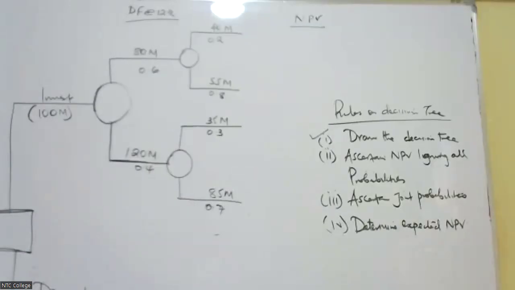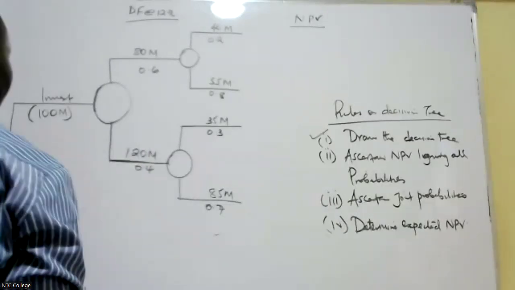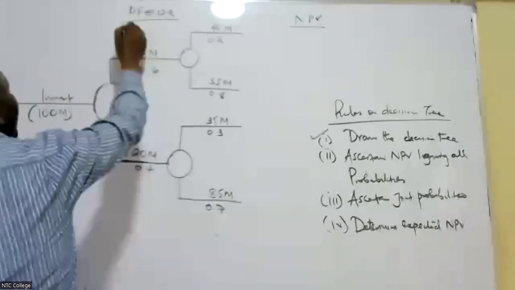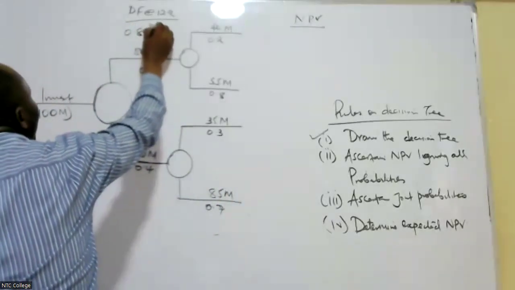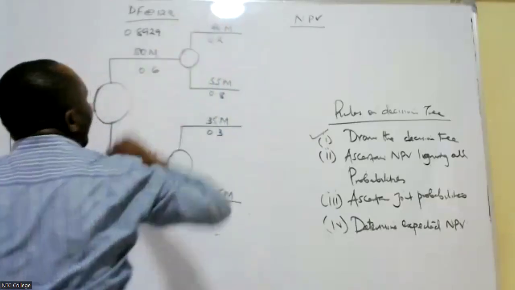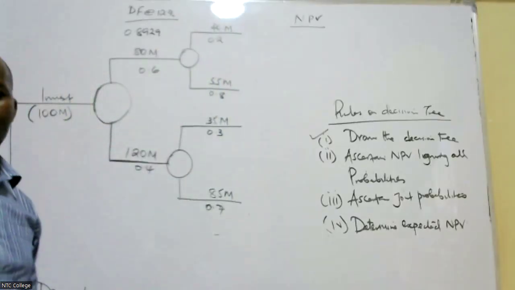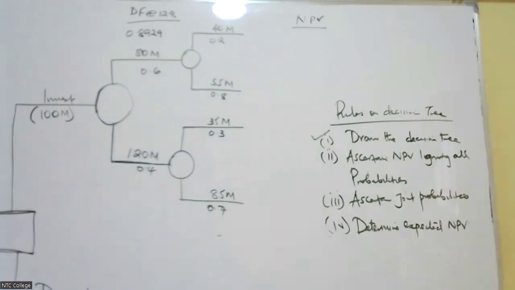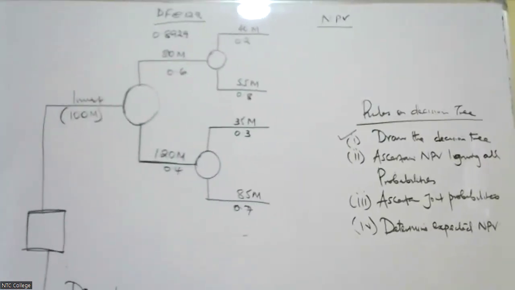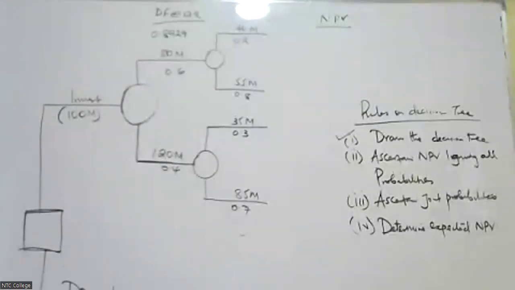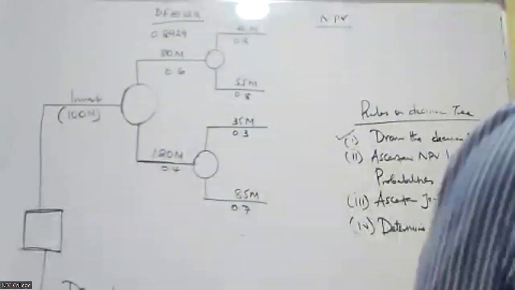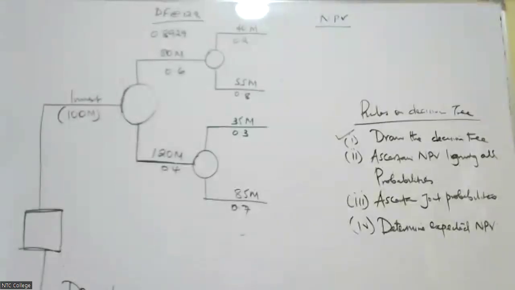I got 0.8929. That is what we're getting. What about for year 2? 0.797172. Yes, round it off.